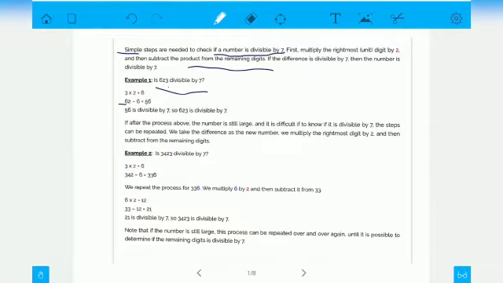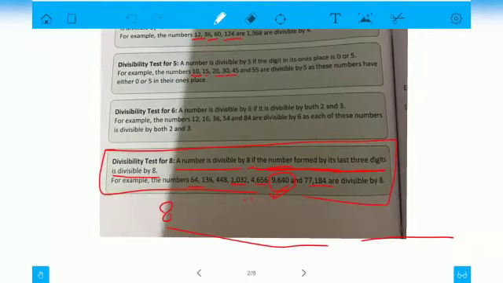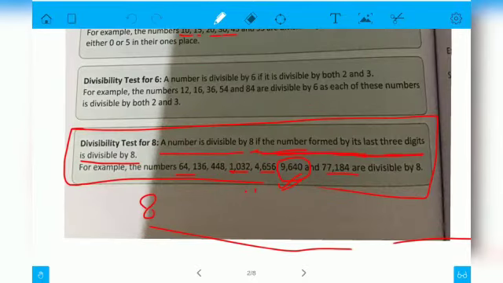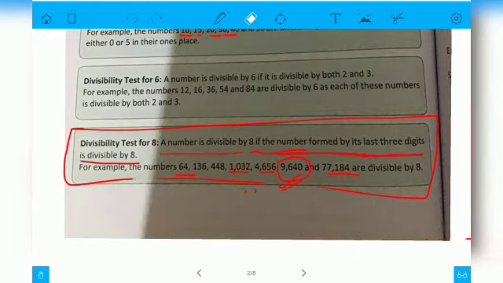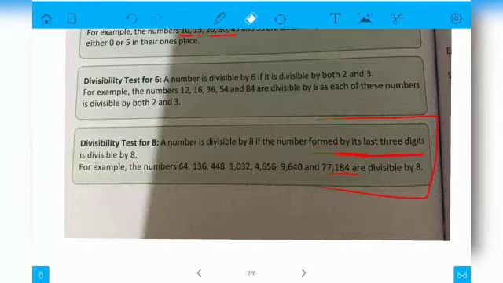Now let's come to the next topic, the divisibility test for 8. As I have already told you in today's live lecture, the divisibility test for 8 is the same as the divisibility test for 4. But the difference is only one thing, that we have to count the last 3 digits.